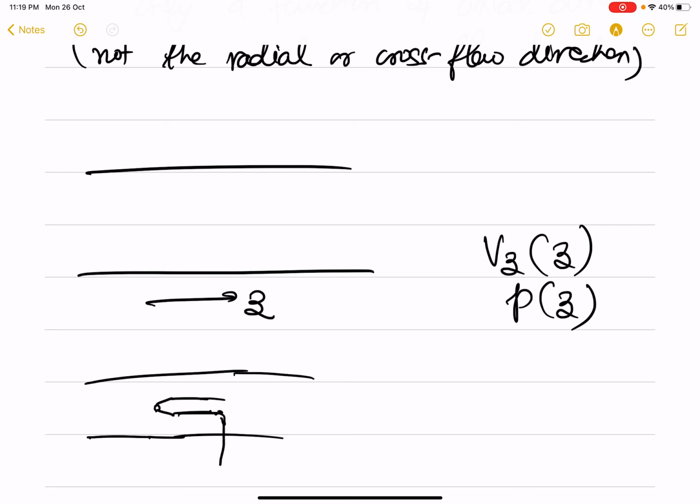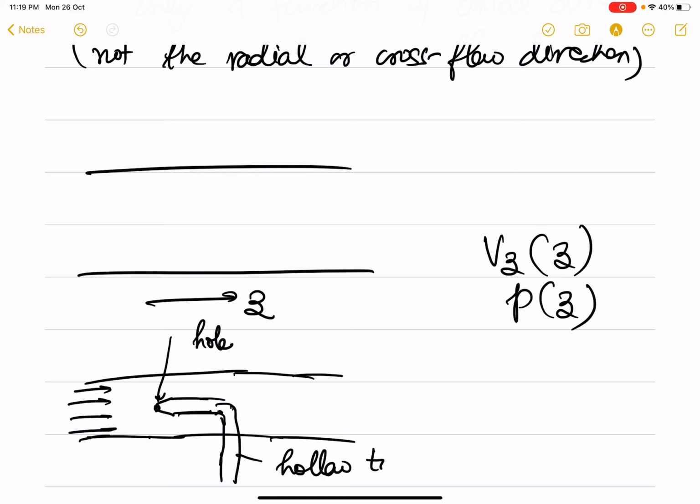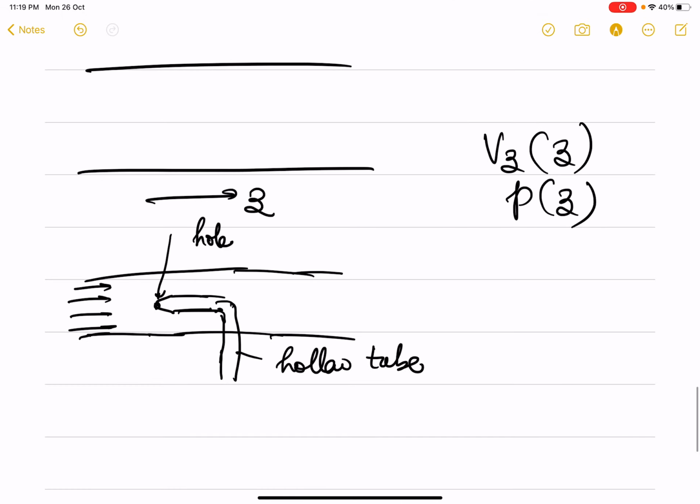So this is a narrow tube which has a small end, and we have flow flowing like this, and this tube is inserted in the flow. This is a hollow tube.